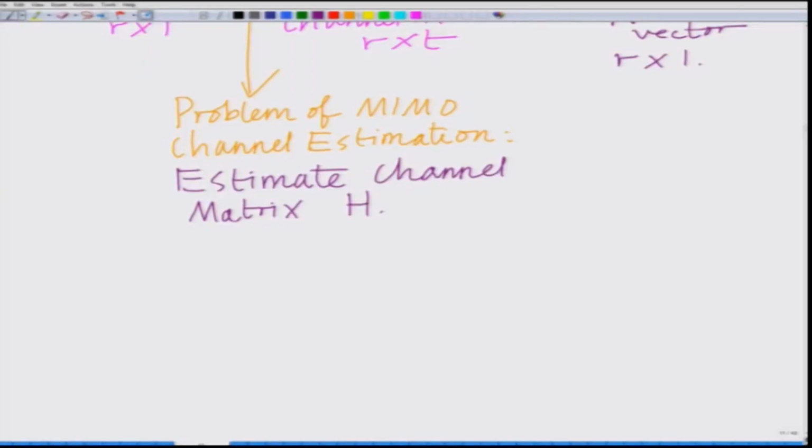So, let us denote the pilot vectors. Let us consider the transmission of n pilot vectors.